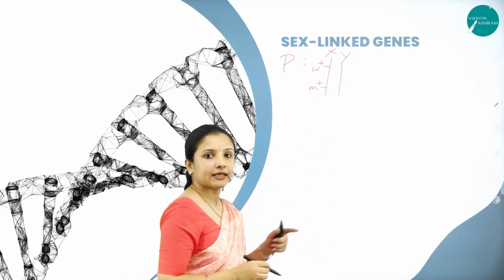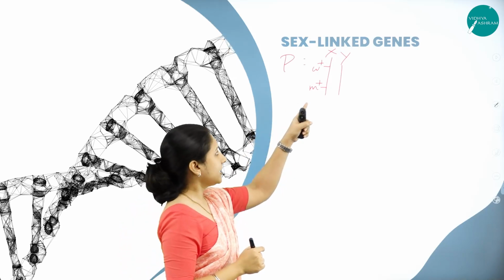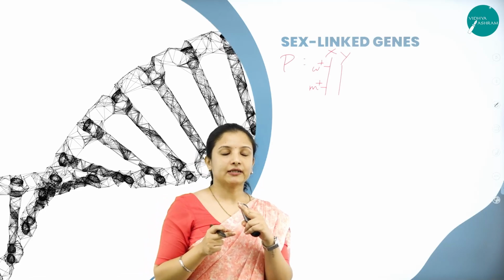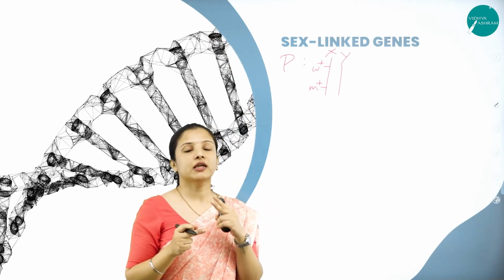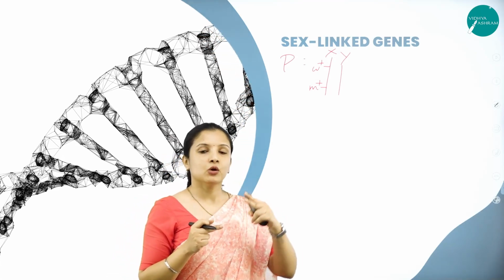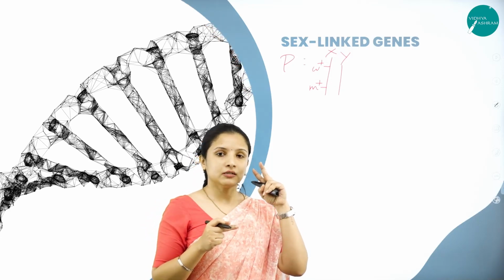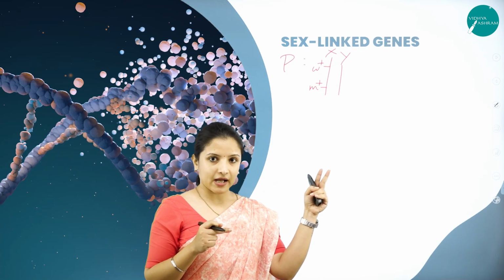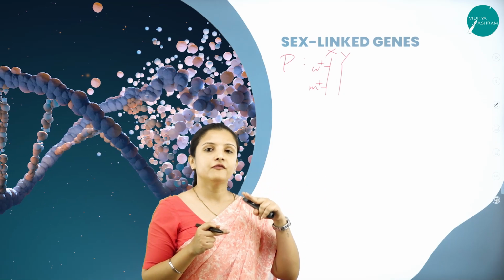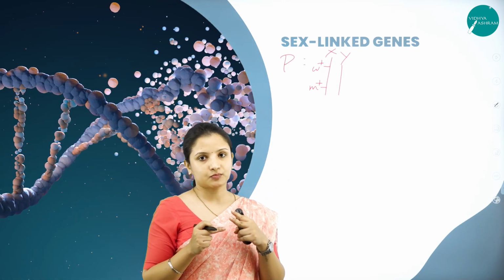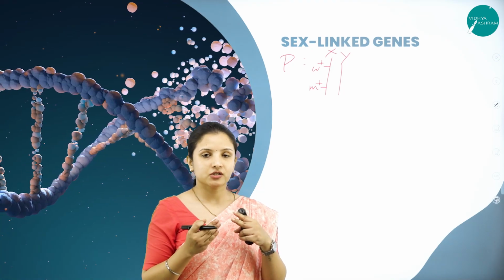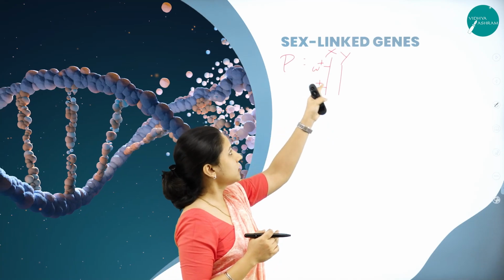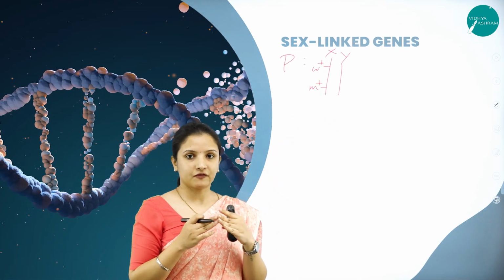And here in the second experiment, Morgan considered two characters, that is dihybrid nature, wherein on the chromosome, the gene responsible for the production of the red eye is located far from the gene responsible for the trait, that is large wing. So both the genes are located far apart from each other.